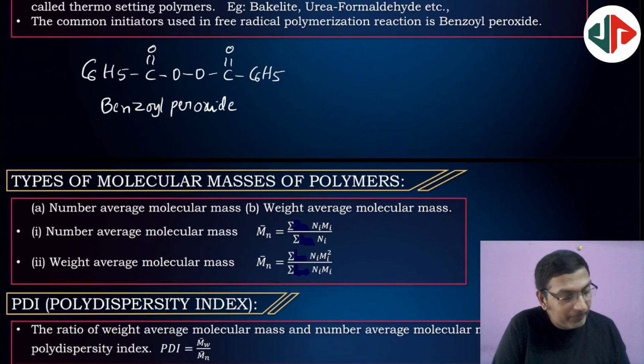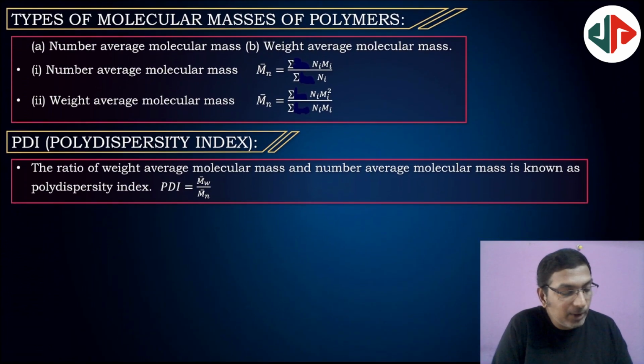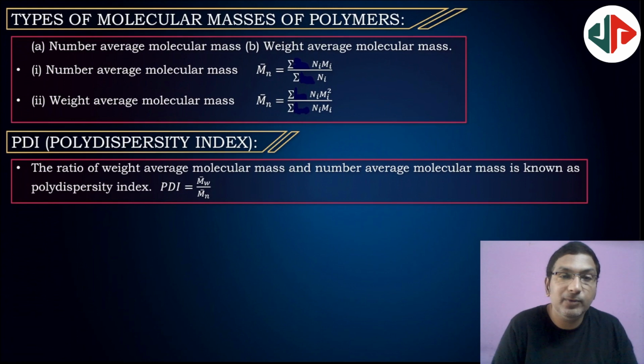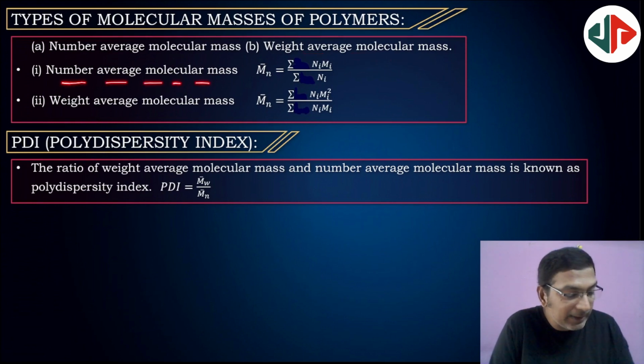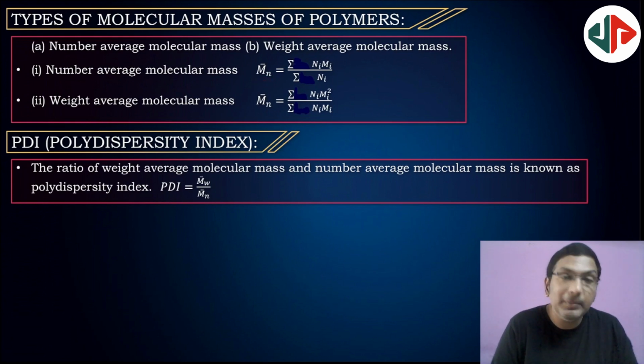Next, types of molecular masses of polymers. Here two types of formula will be there: number average molecular mass and weight average molecular mass. Number average molecular mass, Mn bar, is summation of NiMi divided by summation of Ni. Here M means molecular mass and N is the number of molecules of that molecular weight.